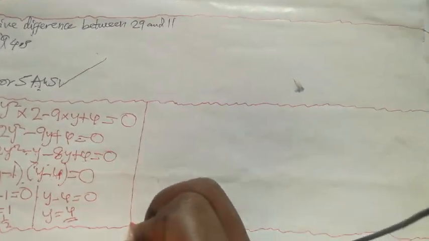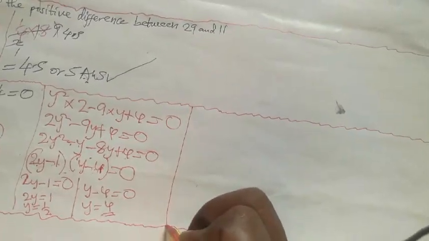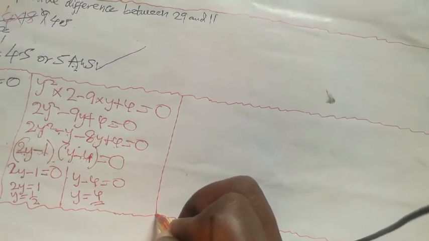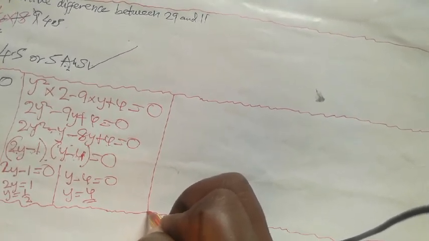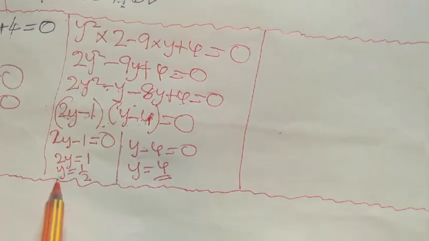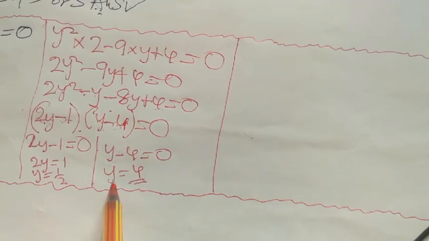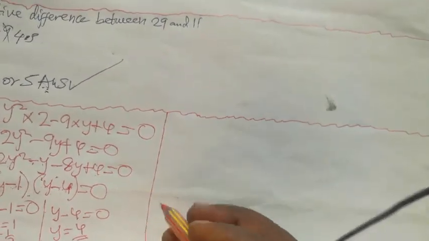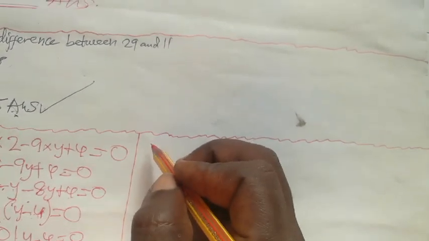Hence we continue with our equation. Now substitute the values of y into the equation. Here we have got y is the same as a half and y is the same as 4. Hence substitute the values of y into this equation.